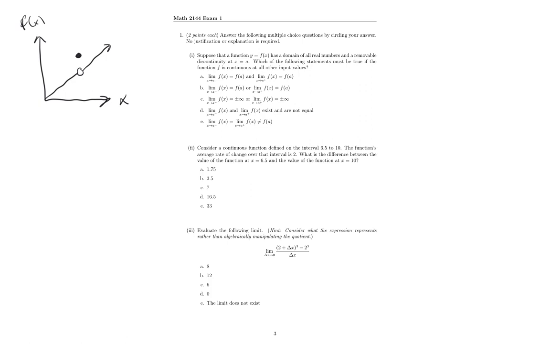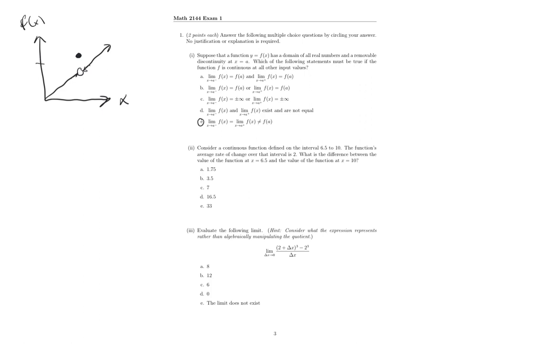So if we look at the limit for this, we can see that the limit as it approaches from the left is the same as the limit as it approaches from the right, but it is not necessarily equal to that actual point, right? Because the actual point is up here. So the choice that most resembles this is choice E. We got the limit coming from the left that's equal to the limit coming from the right, but it is not equal to that actual y value.